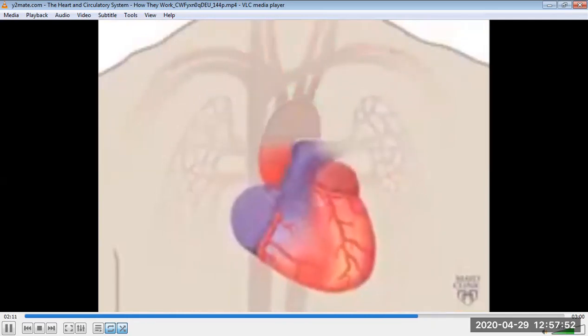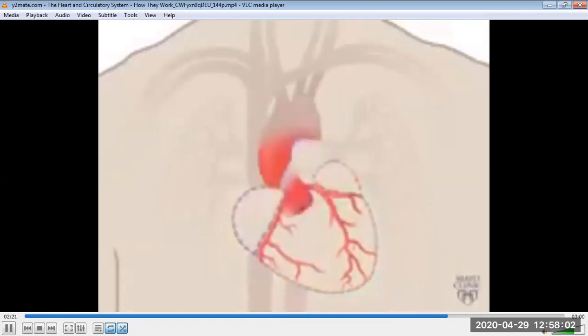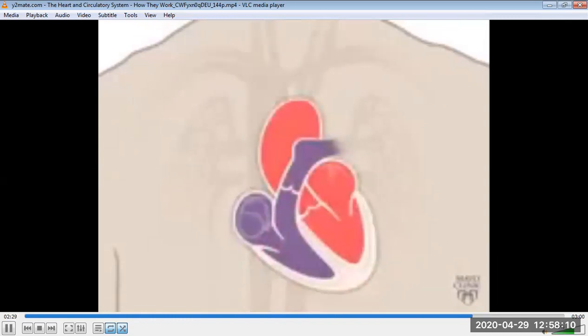Your heart is nourished by blood too. Blood vessels called coronary arteries extend over the surface of your heart and branch into smaller capillaries. Here you can see the network of blood vessels that feed your heart with oxygen-rich blood. Your heart also has electrical wiring, which keeps it beating.